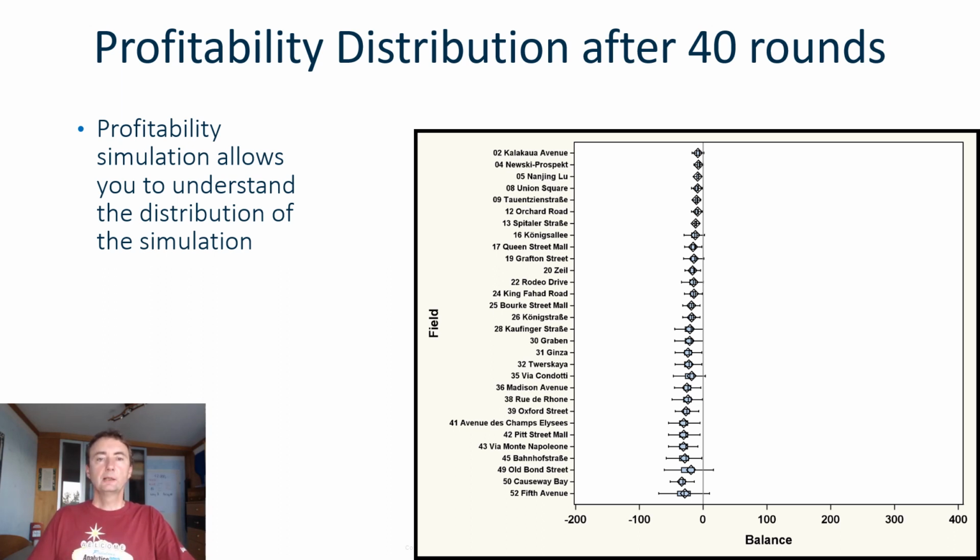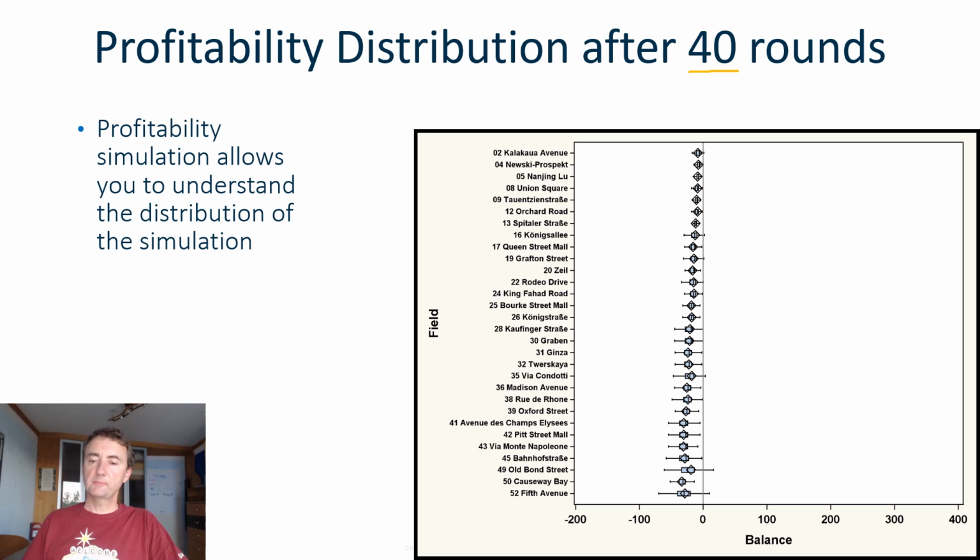If we now take a look at the profitability distribution of all the fields in my Monopoly board game after 40 rounds, we see that the distribution of the balance, represented here by box plots, looks like the following. There are certain properties which are not far away from the zero balance.